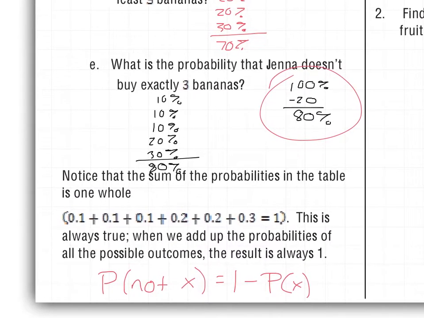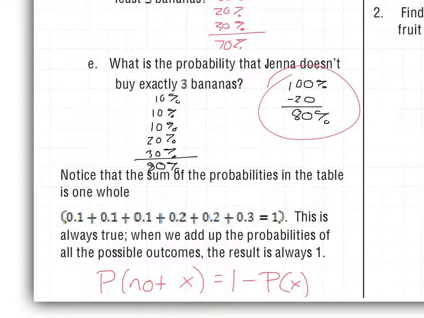So we go back and we look at what we did. This would be the probability of 3 bananas was equal to the 1 or 100%, since we did percents here, minus the probability. Sorry, going back to this. This is the probability of not 3.